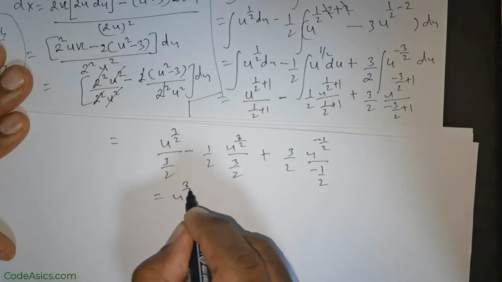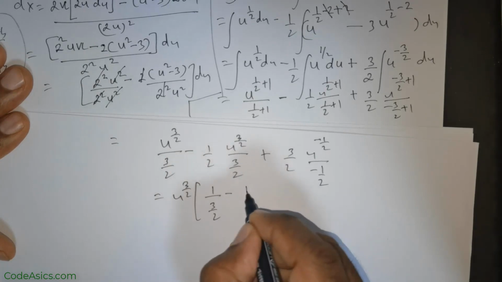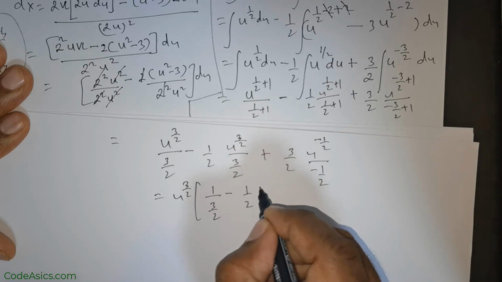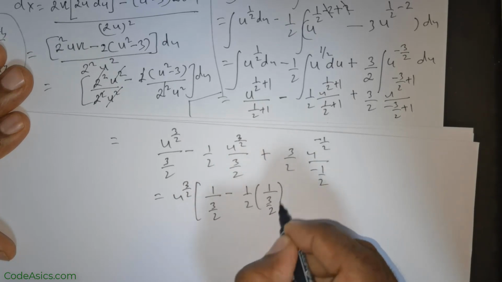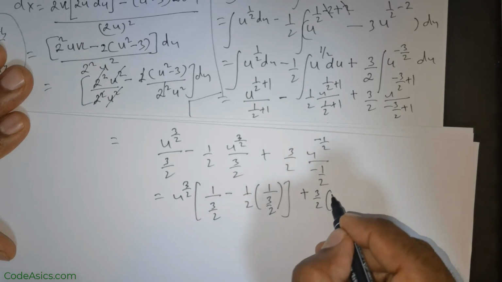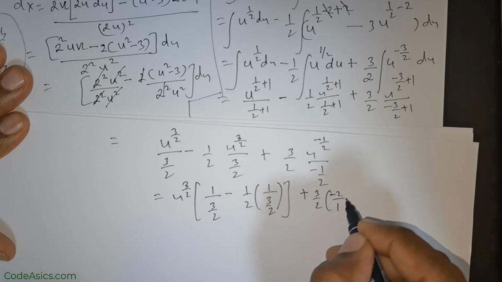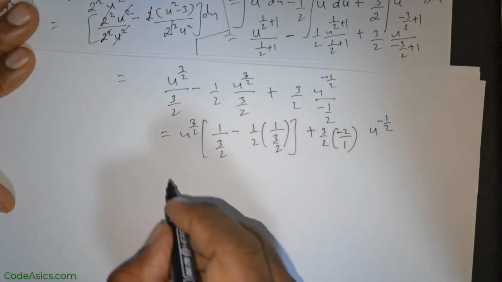Now I'm going to take u raised to the power of 3 over 2 out, so it's going to be 1 over 3 over 2 minus 1 over 2 times 1 over 3 over 2, followed by 3 over 2. You flip this, you get negative 2 over 1, and this is going to be u raised to the power of negative 1 over 2.